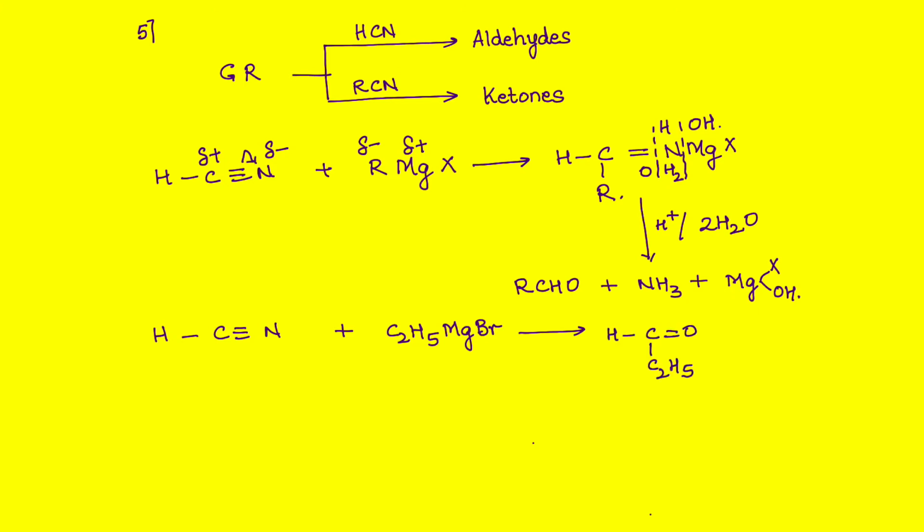So what happens over here? The C triple bond N changes to C double bond O. One of its valencies is still free, and there comes in the alkyl from the Grignard's reagent. What product is this? C2H5CHO. Let me expand it and write it.